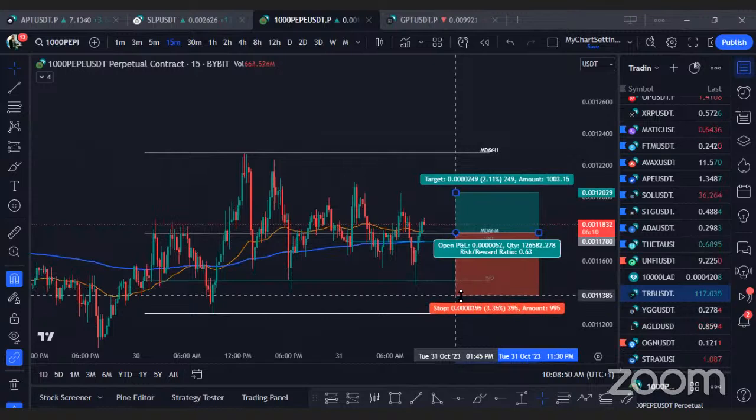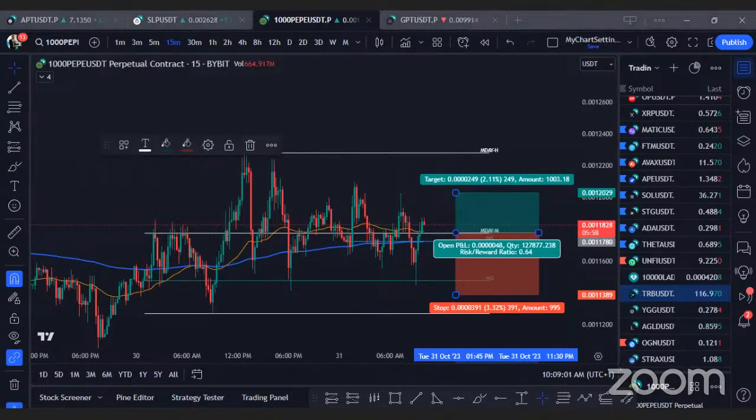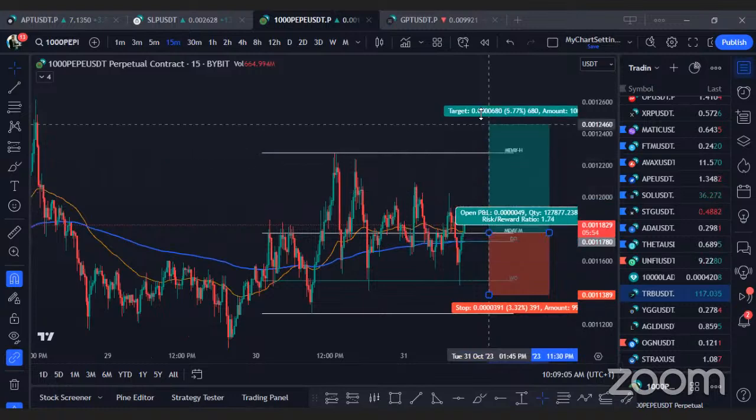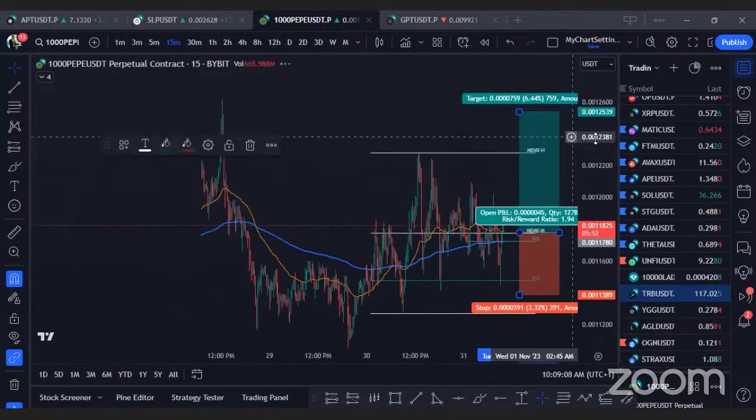Let's do 0.01130 or 0.01138 also. And then TP, I want to see if this can get to 13 cents.